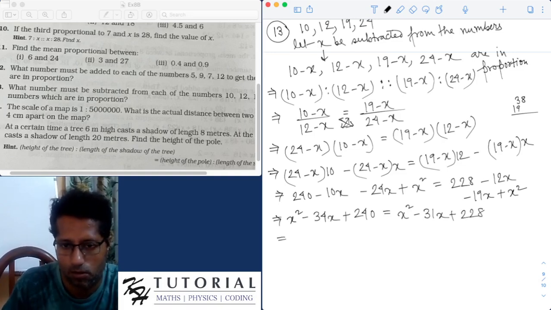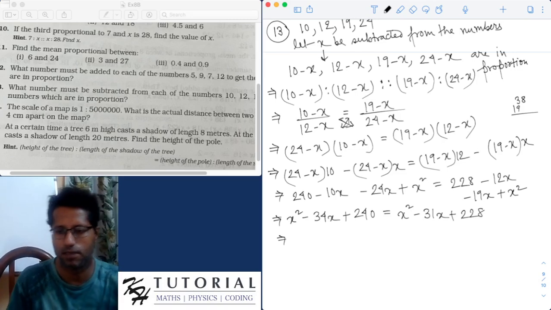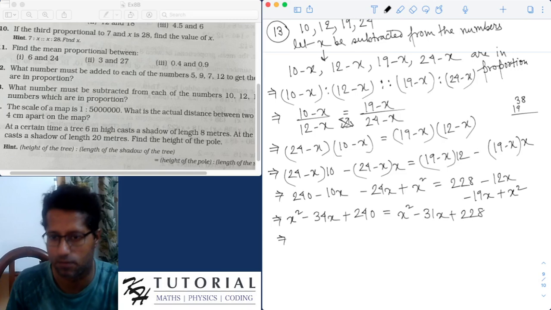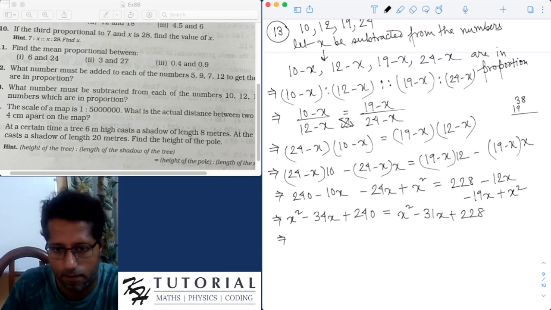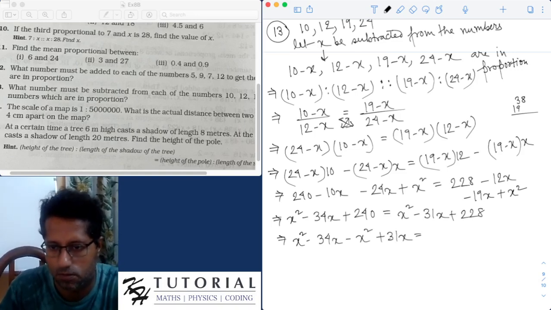Now I will bring all the variable terms, that is terms containing x, to the left hand side and all the constant terms to the right hand side, and I get x square minus 34x minus x square plus 31x equals 228 minus 240.